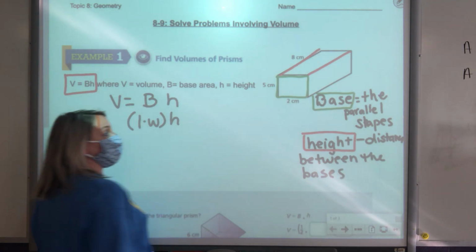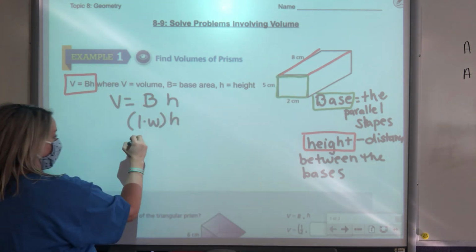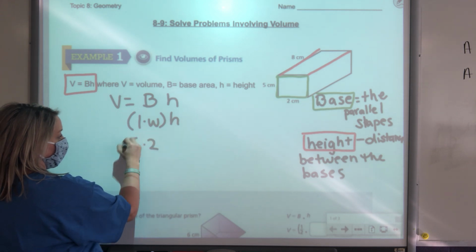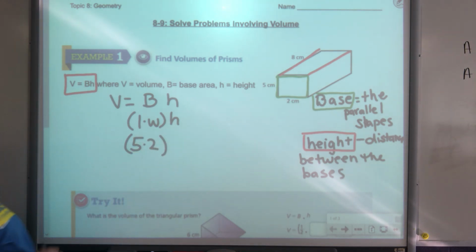So length times width, 5 times 2. And what's the height of our rectangular solid? What's the distance between our two bases? 8.